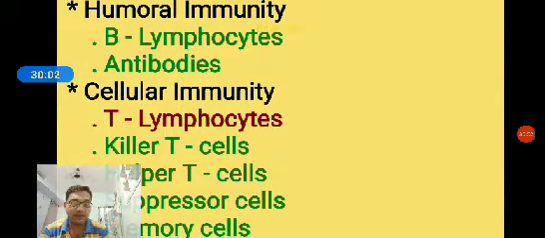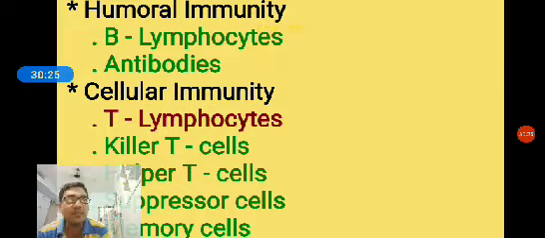cell-mediated immunity. When it comes to the difference between the B lymphocytes and T lymphocytes, the B lymphocytes are produced in the bone marrow and differentiated in the bone marrow itself. The T lymphocytes are produced in the bone marrow but differentiated in the thymus gland.